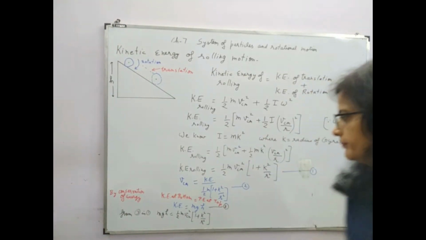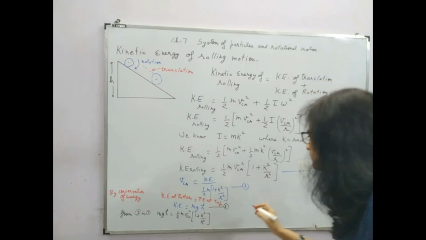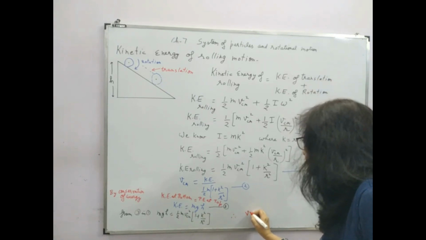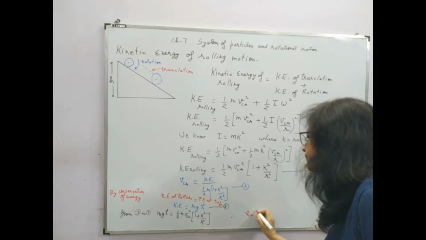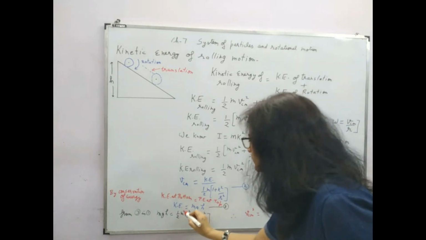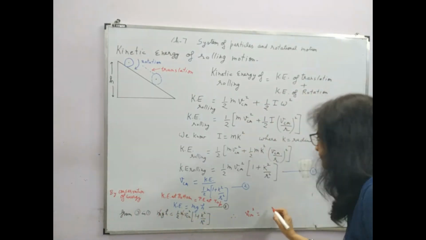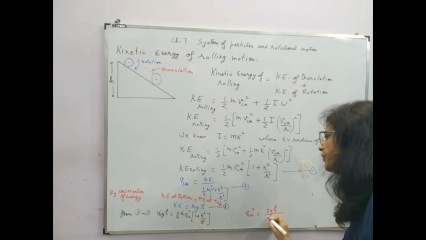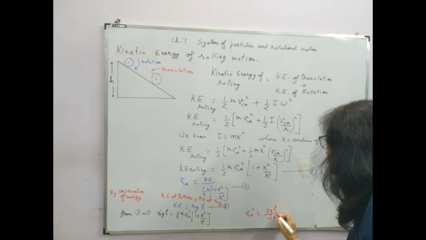So therefore, another form of this velocity is VCM square is equal to 2gh upon 1 plus k square upon r square.